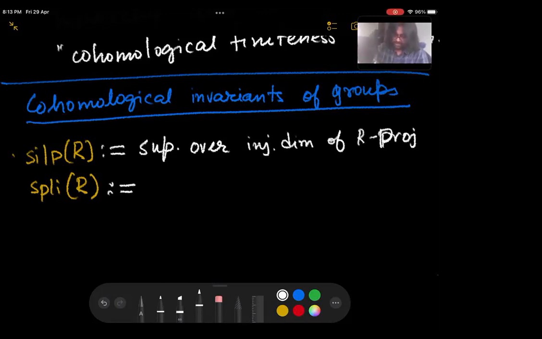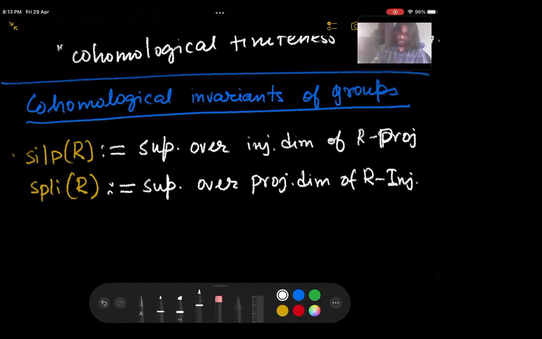Similarly, SPLI means supremum over the projective dimension of all R injectives. Now, I'll shortly show why these are interesting invariants to think about.